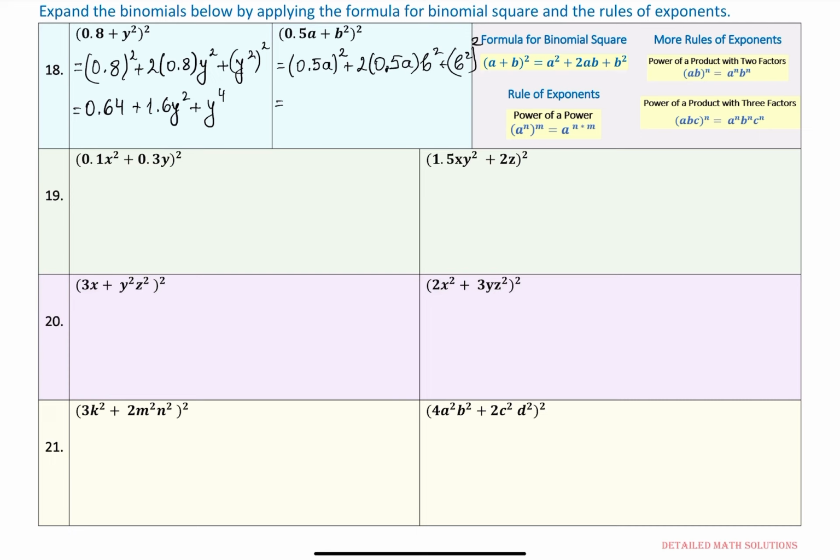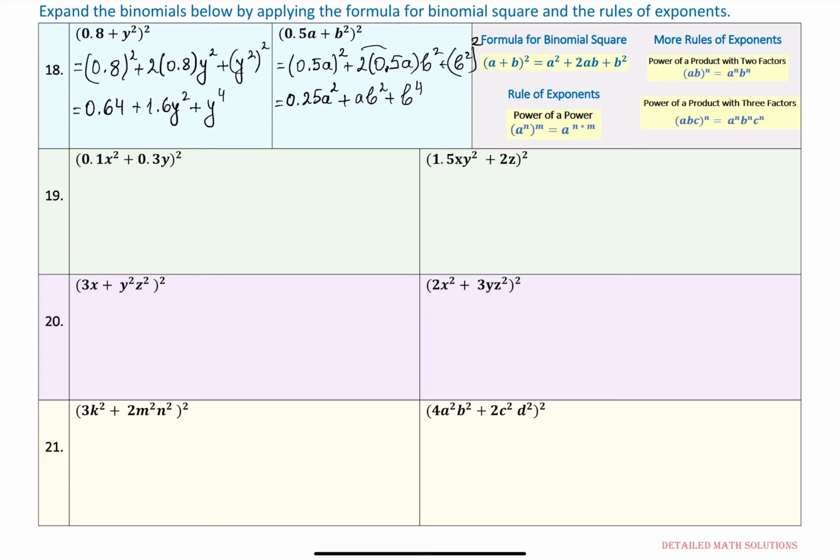In other words, 0.5 squared equals 0.25 and then a², plus 2 times 0.5 is 1, and then we have 1 times ab², which I'm going to write as ab², plus (b²)², which is b to the power 4.